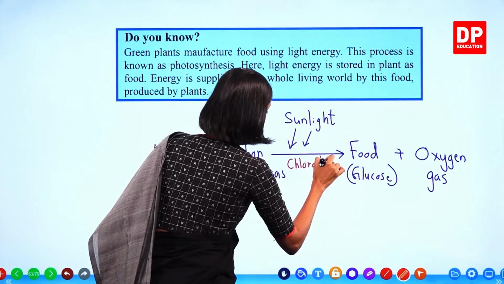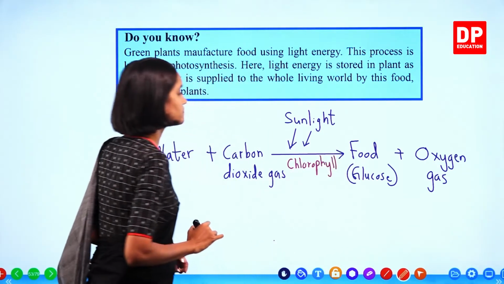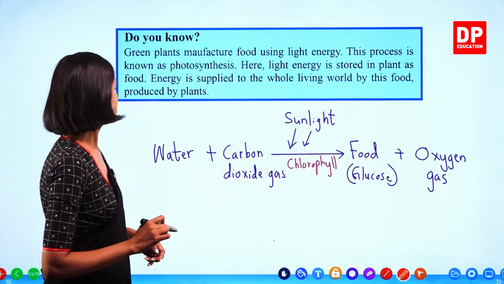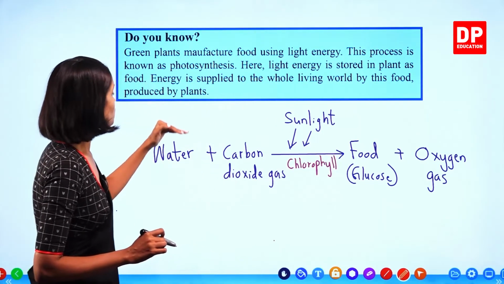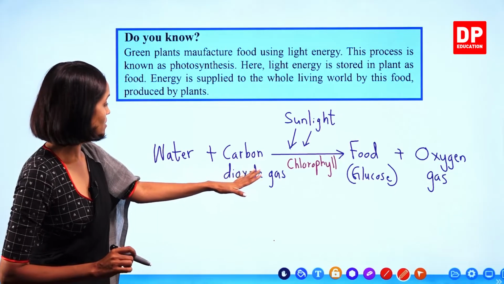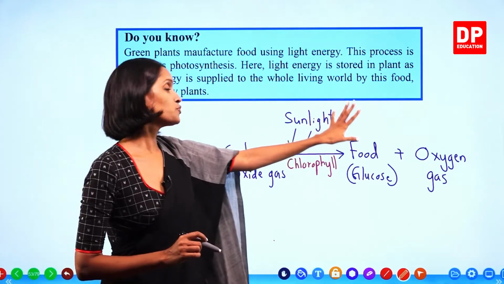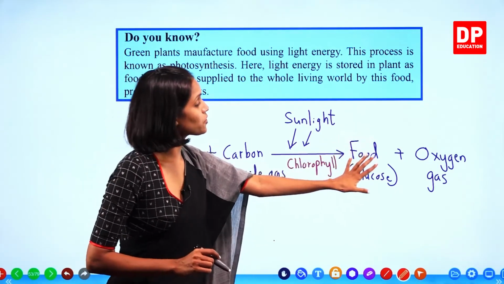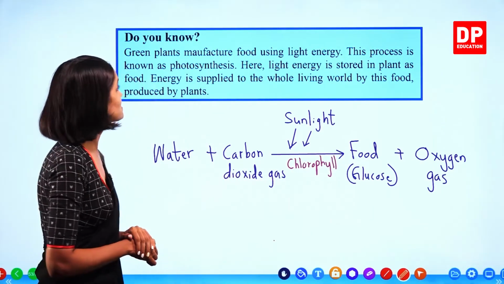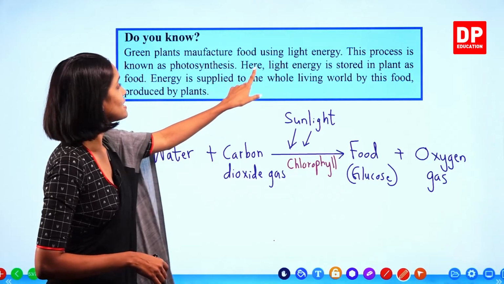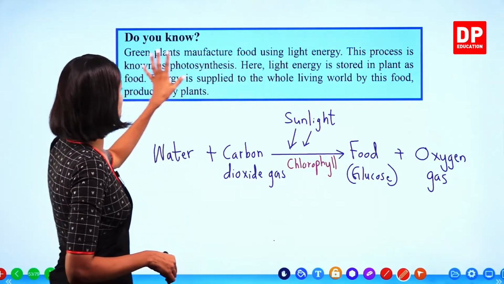Chlorophyll. Right? So in the presence of sunlight and chlorophylls, water reacts with carbon dioxide and food is produced. As a byproduct, oxygen gas is also released. Right, children? So here light energy is stored in plant as food.